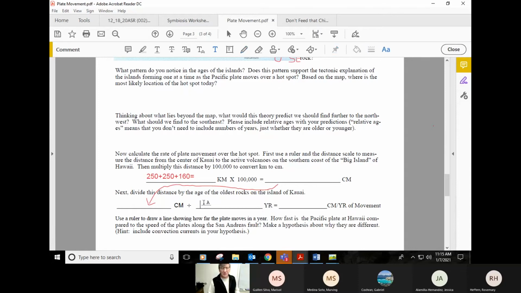So we have to write that as millions. That would be 4,700,000 years old. So whatever you had for centimeters, divide that by 4,700,000. That gives you the speed of movement of the Pacific Plate in Hawaii.